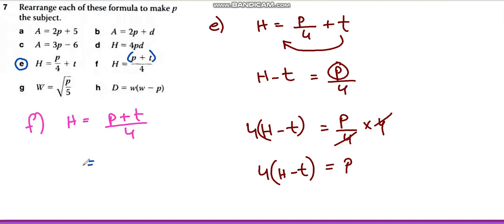Before that, in the E part, we were subtracting T on both sides to remove T, but here we need to multiply both sides by 4 first, because 4 is now dividing the whole sum. So by multiplying by 4 on both sides, I will be left with P plus T equals 4H. And to get P, now I will bring this T to the left side, or in other words, I will subtract T from both sides. So I will be left with P on the right side, and on the left side, I will get 4H minus T.